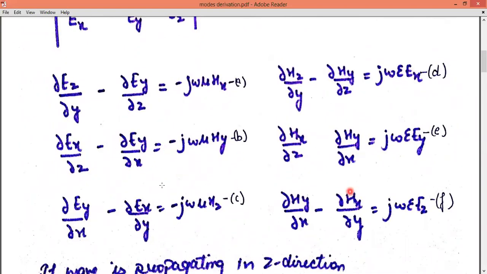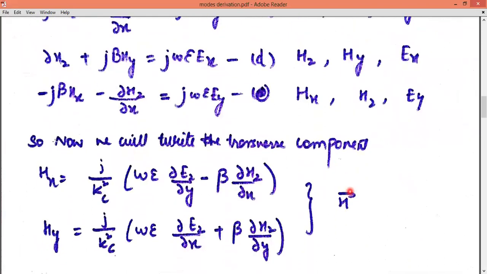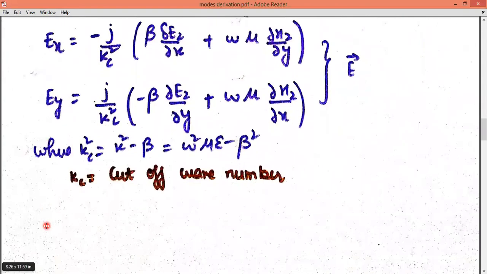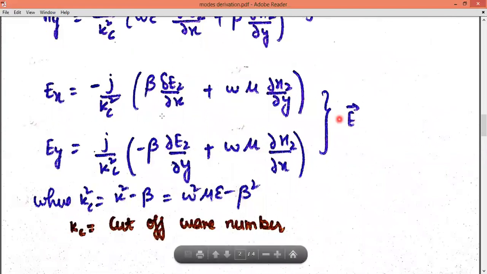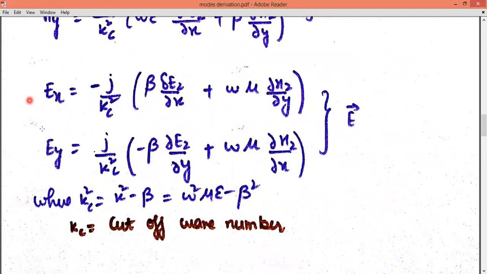From this we can write Hx = j/k² (ω ε ∂Ez/∂y − β ∂Hz/∂x). In terms of the H field we are getting the x and y components, and in terms of the E field we are getting the x and y components of the electric field. So this is the remaining part.